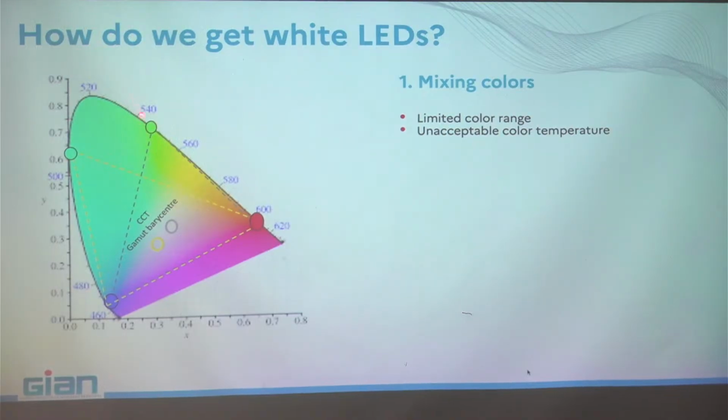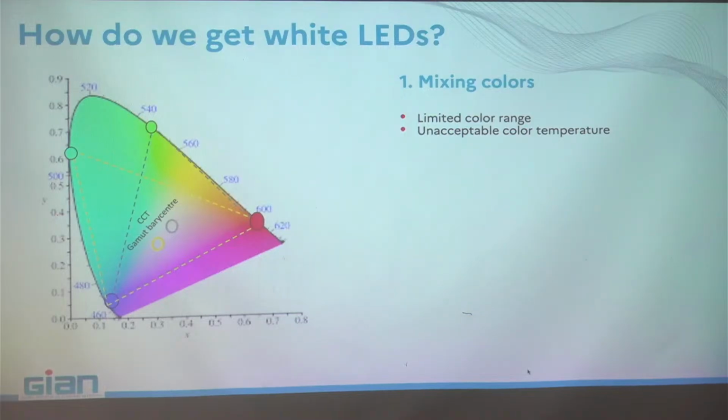Other thing, if your green, which is very unstable, switches from here to here, the difference in wavelength is not enormous, but the barycenter passes from there to there, and you go towards higher correlated color temperatures, which is rather unacceptable.